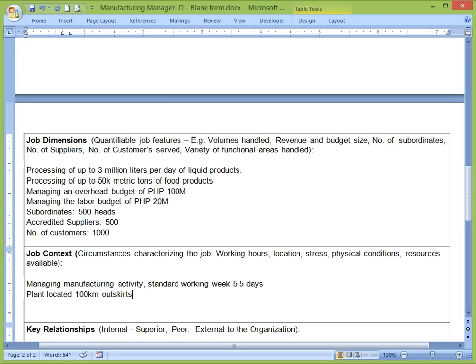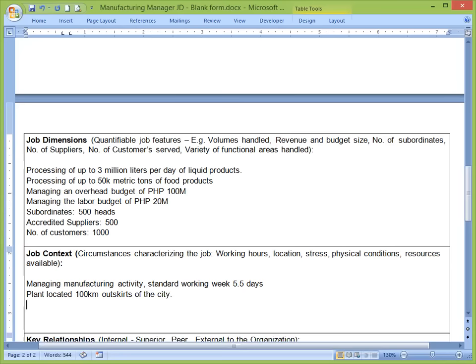Okay, so let's say 100-kilometer distance, outskirts of the city. I'm so experienced about this because I've been involved in HR management for quite some time. So I know almost every kind of situation when it comes to managing the people and taking care of them in terms of their health, safety, and well-being.